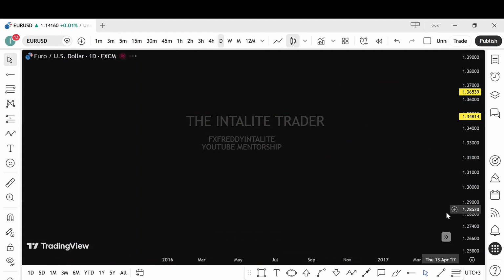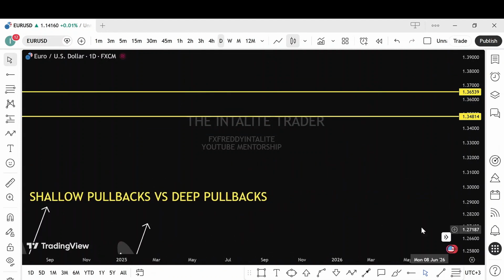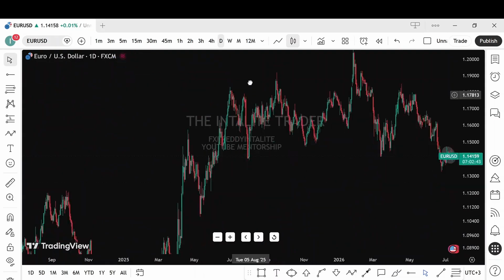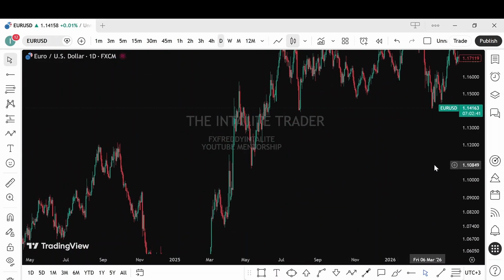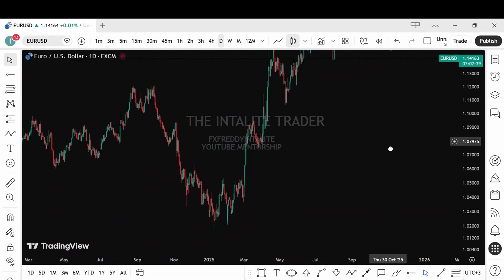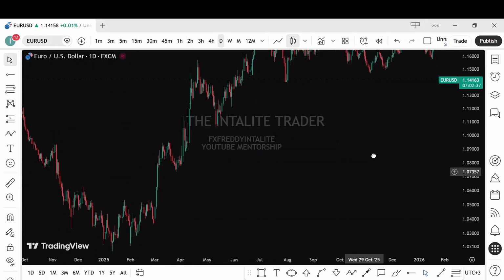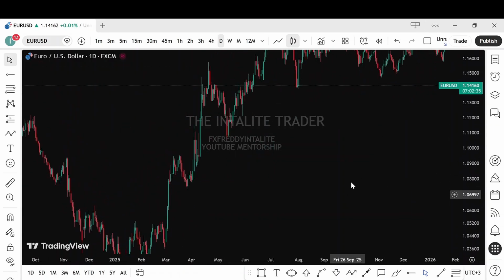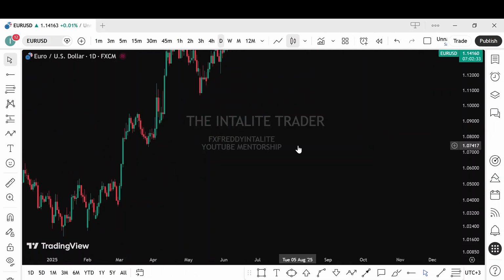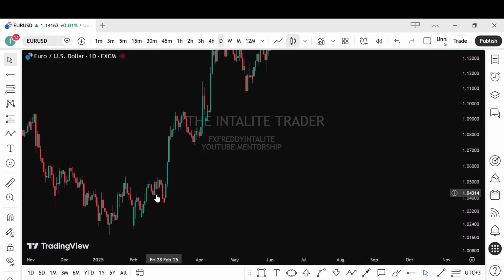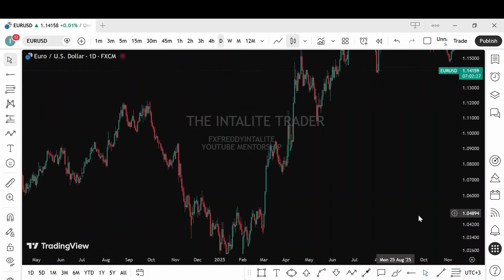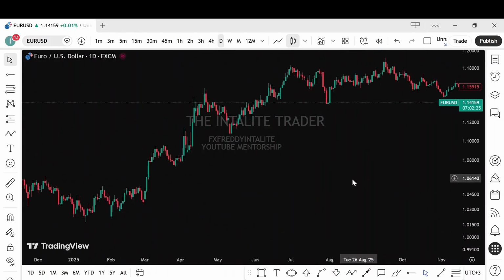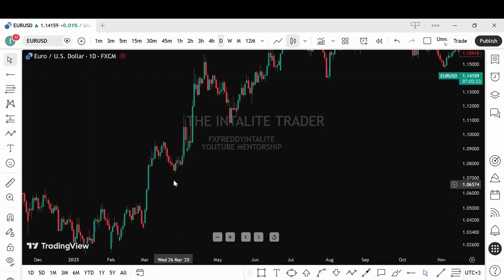Let's go to the charts and try to identify shallow pullbacks and deep pullbacks. Now here you had this new breakout move telling you price is in an uptrend.